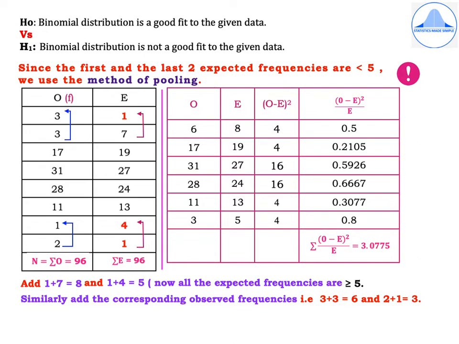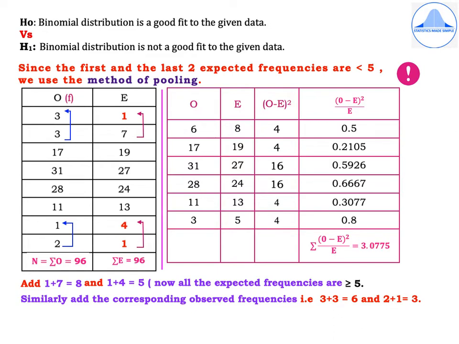Then calculate O minus E whole square. So 6 minus 8 is minus 2 square is 4. Similarly, 17 minus 19 is minus 2 square is 4. And the next value is 16, 16, 4 and 4. Then calculate O minus E whole square divided by E, that is 4 divided by 8 is 0.5.